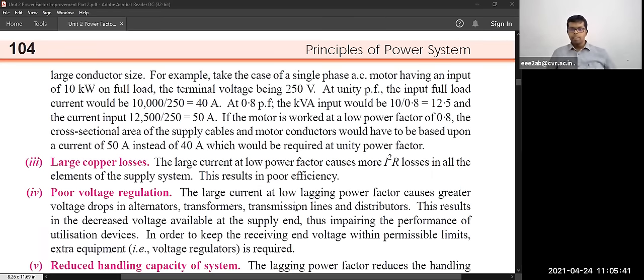I think you are getting 97, 98, 96 percent, but it has to come to 99 percent. Some 1 percent loss may be there in your core loss or iron losses.